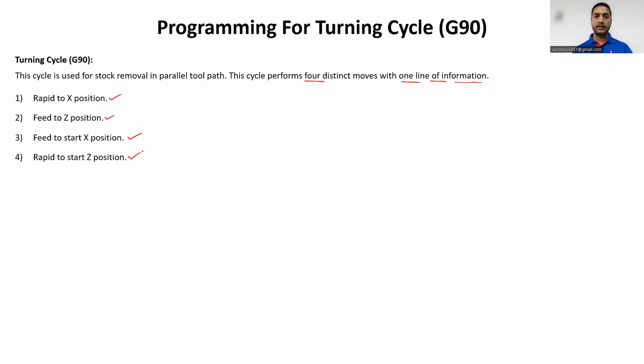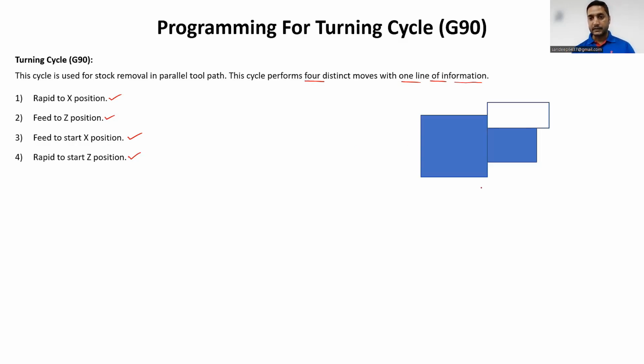Now, in order to understand this, let me take an example of a cylindrical workpiece. Let us say this is a cylindrical workpiece, and initially the workpiece will be just like this.